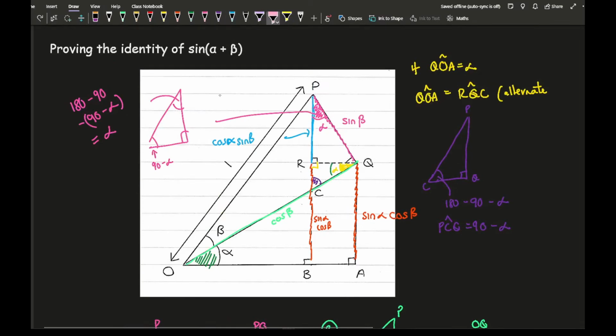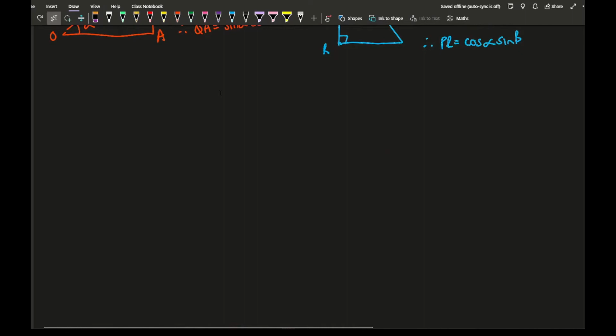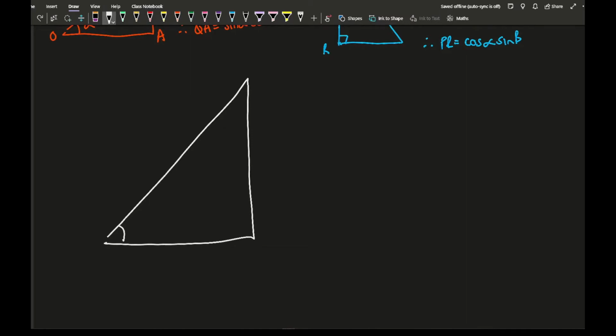If I draw that triangle out, this angle here of alpha plus beta, we know that this hypotenuse is 1. Now I've split it up into two sections.